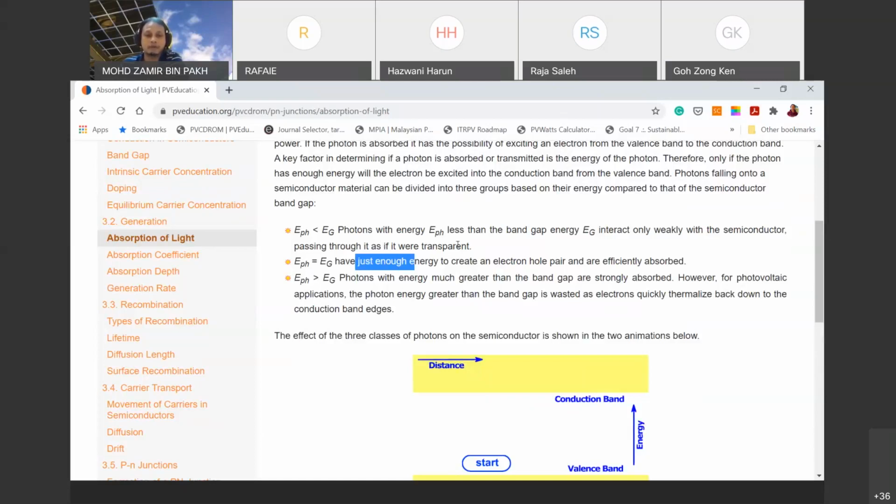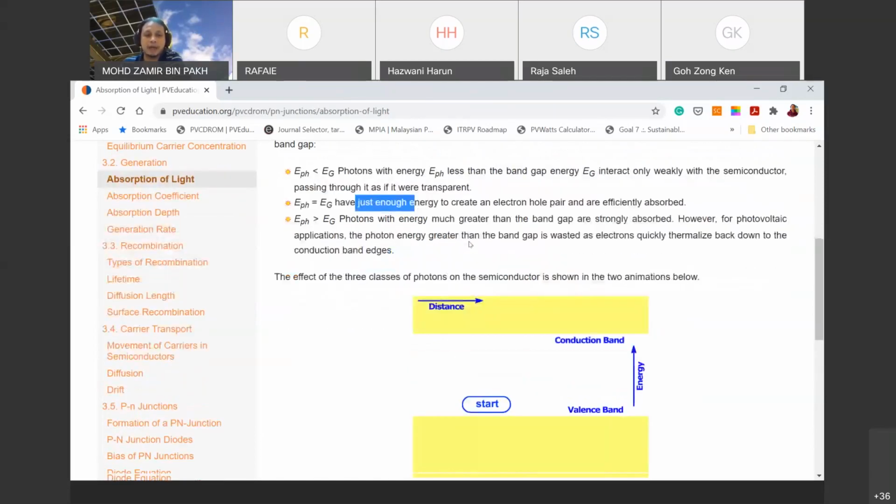So how about case number three? Case number three is when the photon energy is more than the band gap energy, so in this case the photon energy is more than 1.12. The photons with energy much greater than the band gap are strongly absorbed, so they are still absorbed. However, let me read this. This one is more for the solar cells. For solar cell application, the photon energy greater than the band gap is wasted as electrons quickly thermalize back to the conduction band edges.